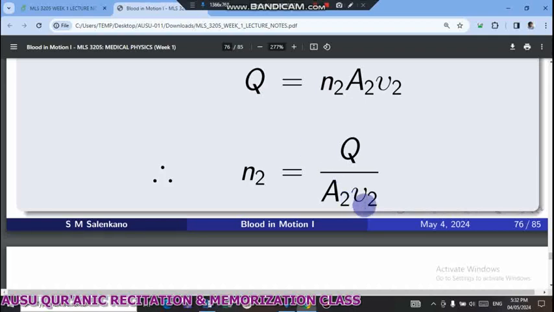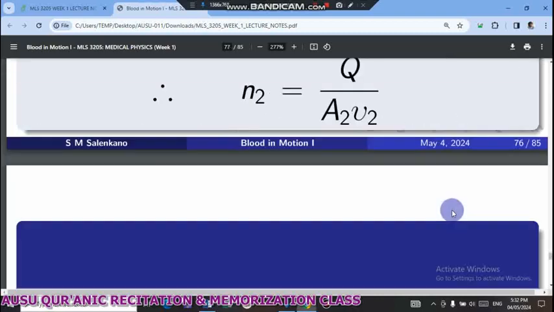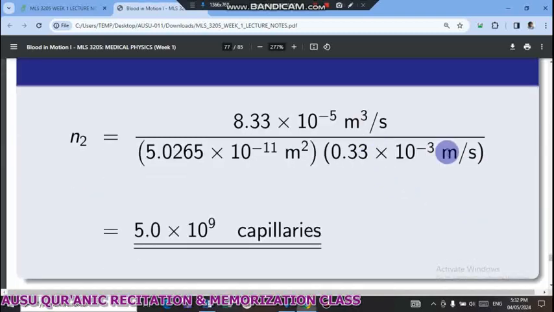Next you put V2, which is 0.33 times 10 to the power of minus 3. If you evaluate this correctly, you will get 5.0 times 10 to the power of 9 capillaries, meaning you have about 5 billion capillaries. The number of capillaries is 5 billion.